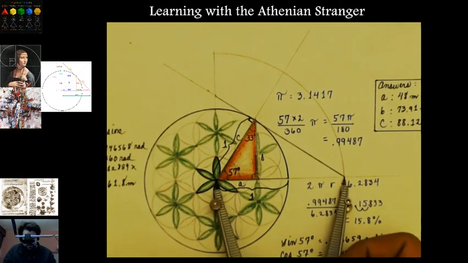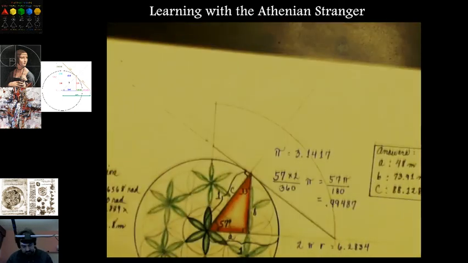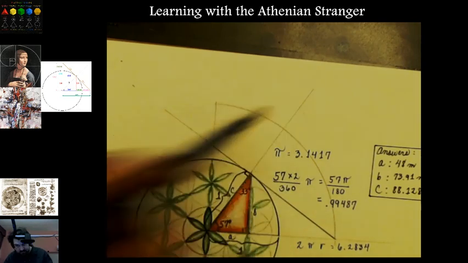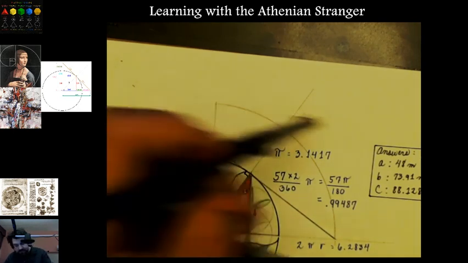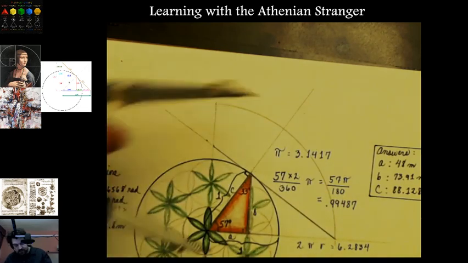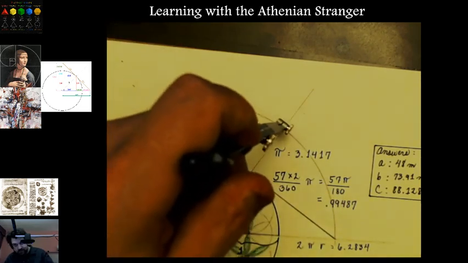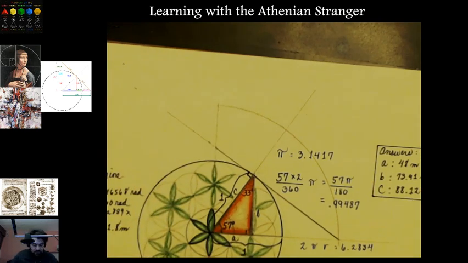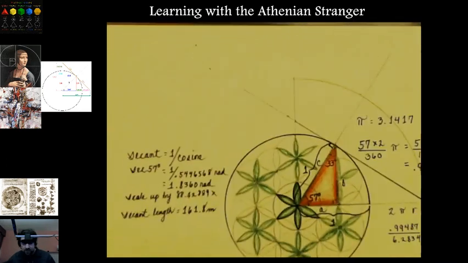That's the secant length. Okay, the secant length is 161.8 meters. So now we found the tangent, the cotangent, the secant.